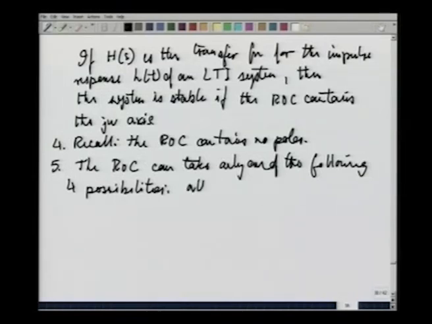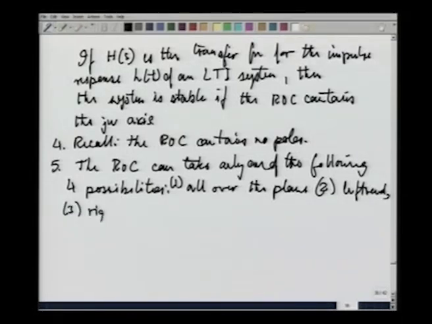All over the plane. This is possibility number 1. The second possibility is leftward. Third possibility is rightward.